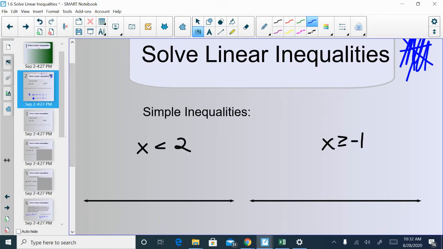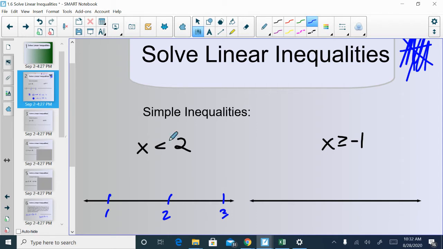So we've got these inequalities. I'm calling these simple inequalities because we have other types that we're going to learn that are compound inequalities in this section. But just for simple inequalities, we have something like X is less than 2, and I expect you guys to graph it. Basically, just put a number line down and put the main number in the middle, 2, and put one number smaller and one number bigger.